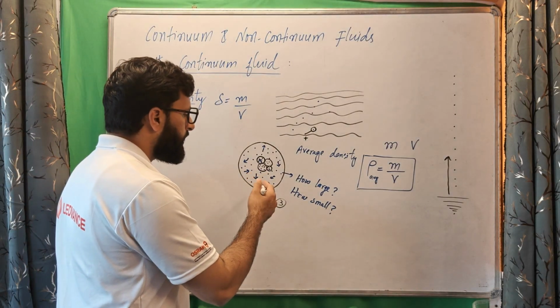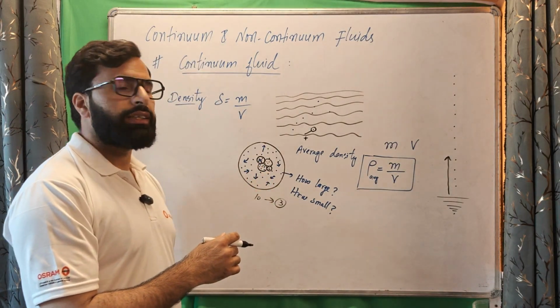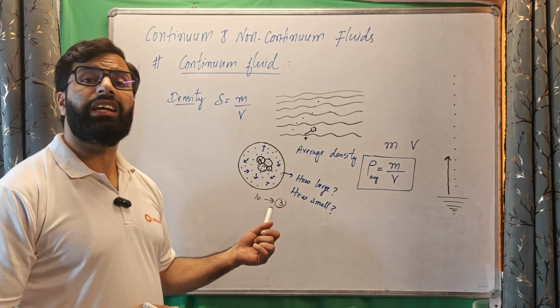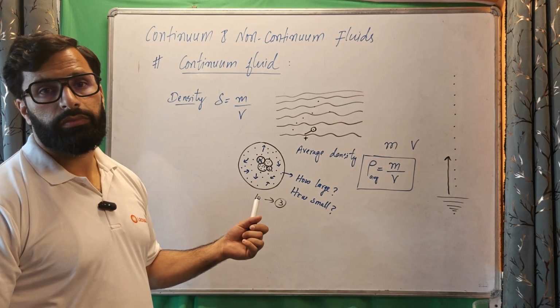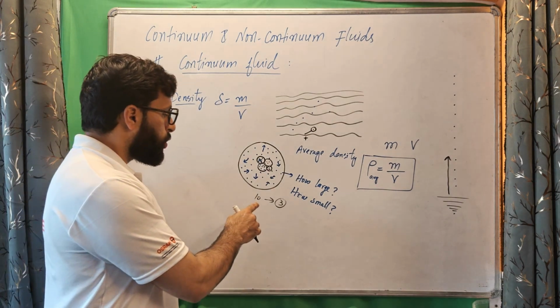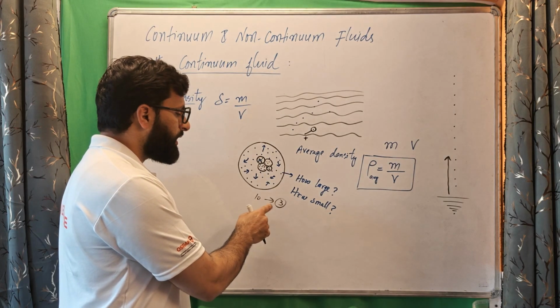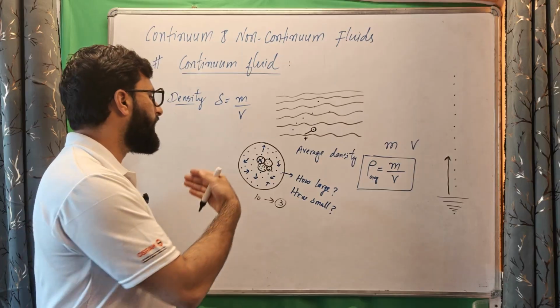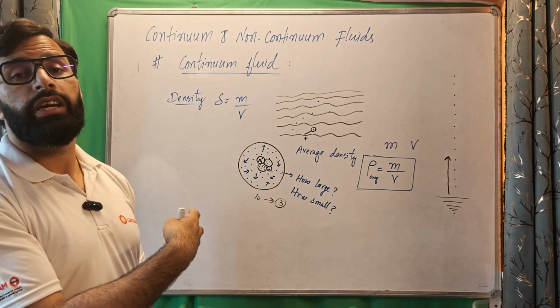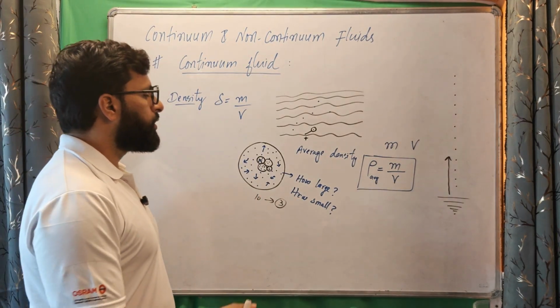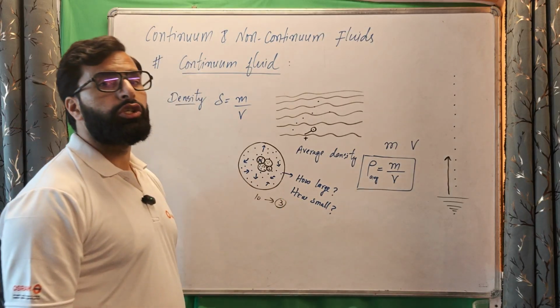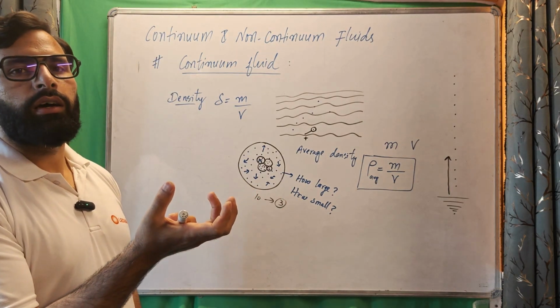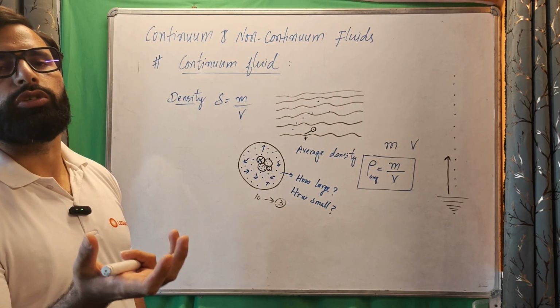If at another instant 3 molecules go in, that is a 30% increment in the density. So that will be huge. So out of 10, 3 coming out will cause a significant change in density, or if they get added, that will cause a significant increase in density.